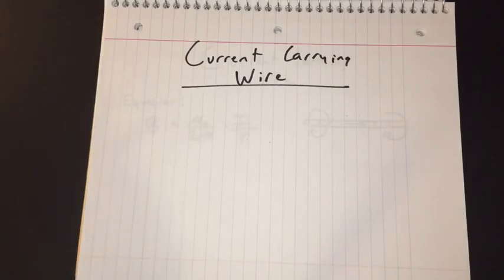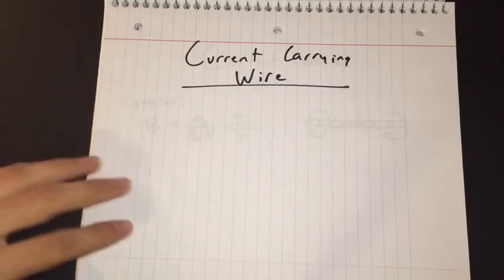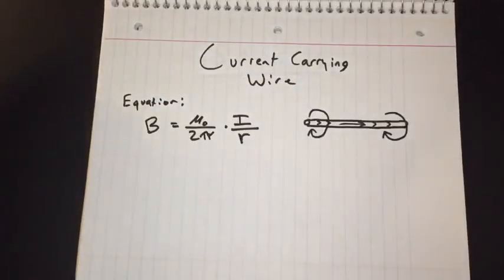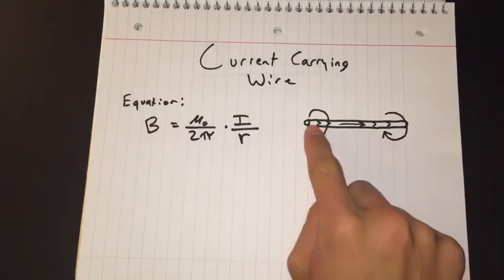This is just a simple wire with a current flowing in one direction, such as this one drawn here.